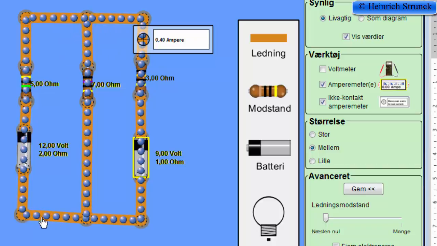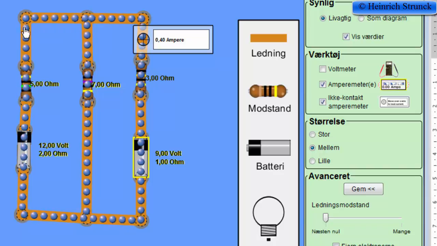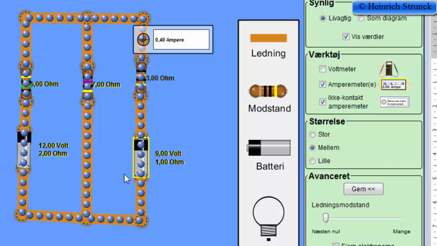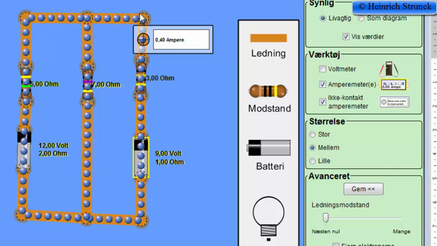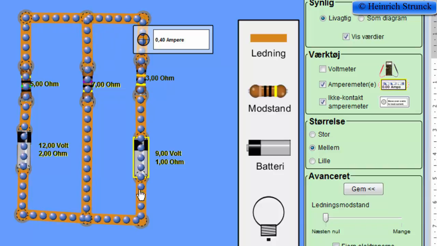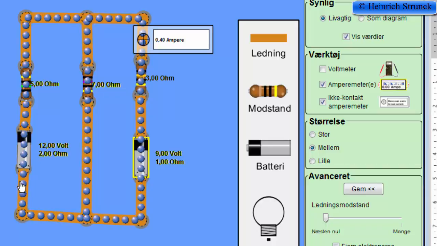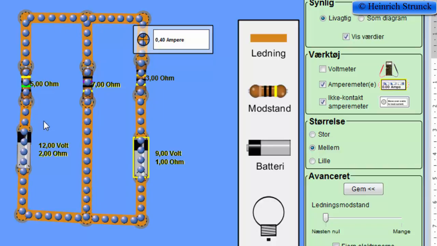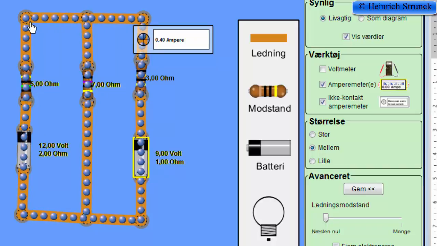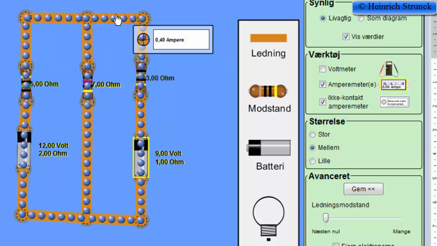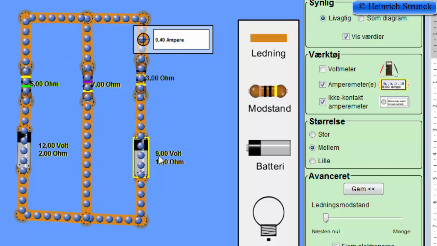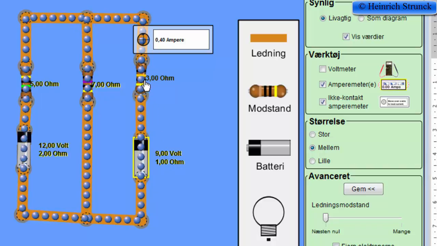So I decide that we take the outer loop so that we have 2 electromotive forces in the loop. So we take this loop and we are going clockwise, and over here we go the same way as the current, so the voltage drop across these 2 resistors must be positive, but over here we go in the opposite direction of the current, so the voltage drop across these 2 resistors must be negative.